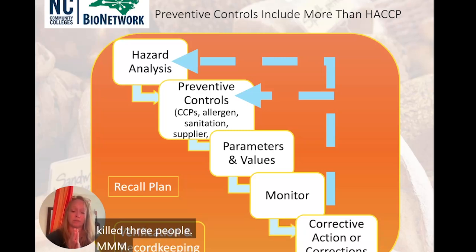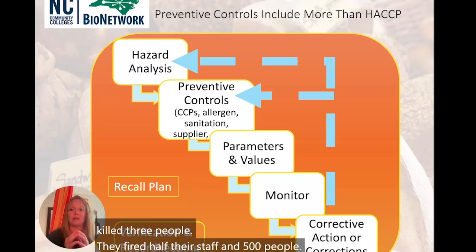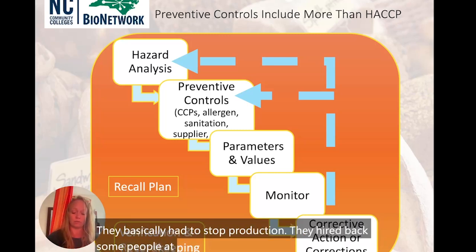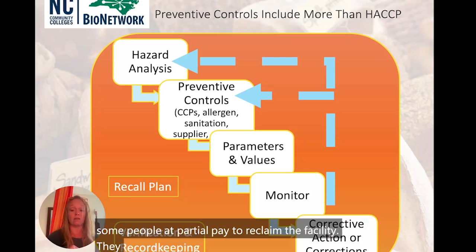They fired half their staff. It was 500 people. They basically had to stop production. They hired back some people at partial pay to reclean the facility. They lost a lot of business.